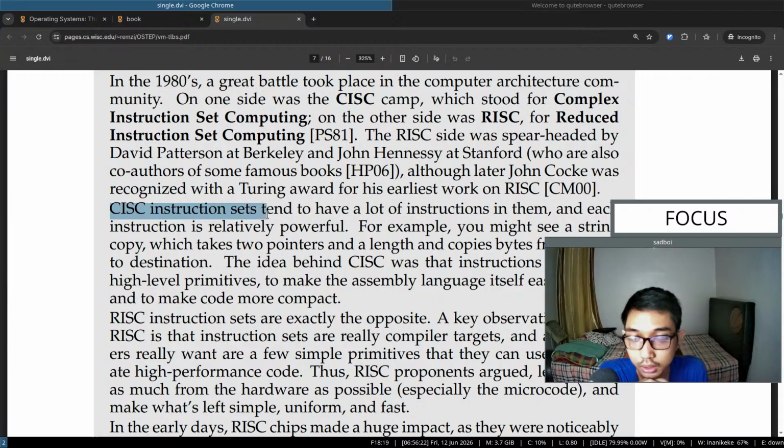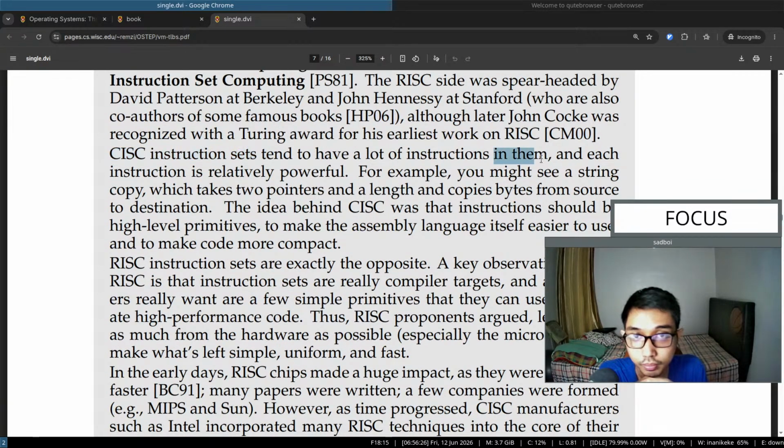CISC instruction sets tend to have a lot of instructions in them, and each instruction is relatively powerful. Okay.